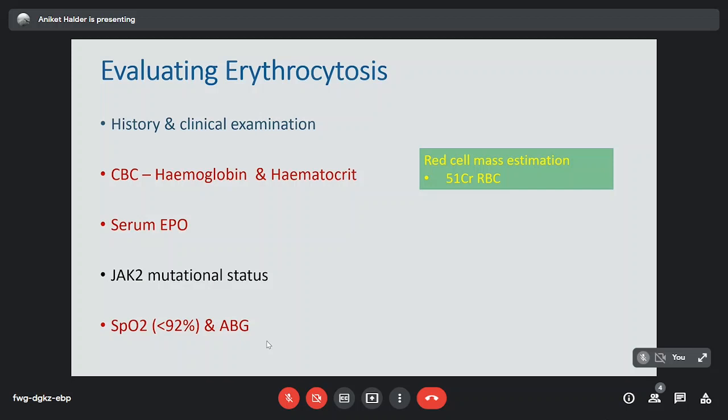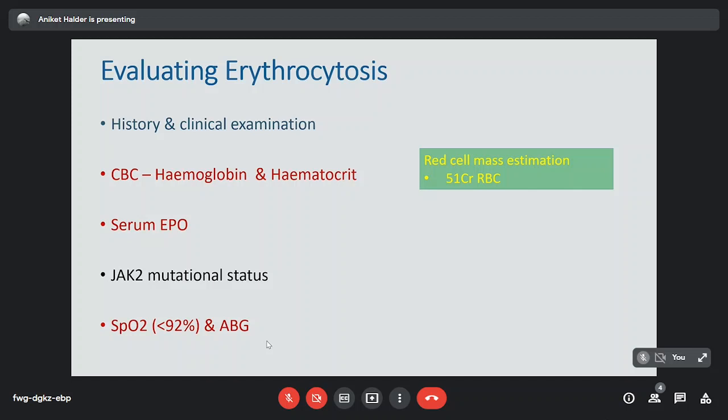And the hemoglobin level, which was previously 18.5 gram per DL in case of males and 16.5 gram per DL in case of females, the threshold has been decreased, and persistently raised hemoglobin levels of more than 16.5 gram per DL in case of males and more than 16 gram per DL in case of females should be evaluated.